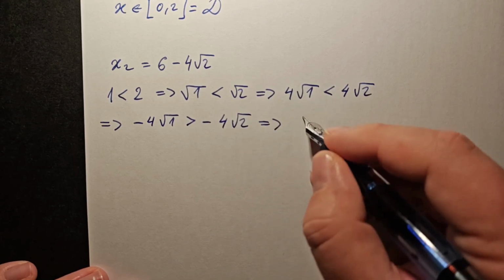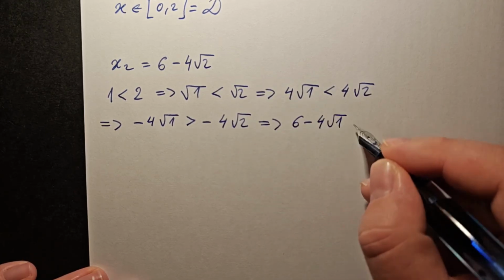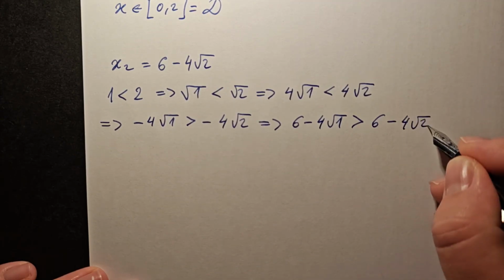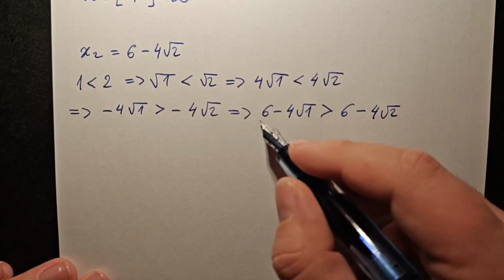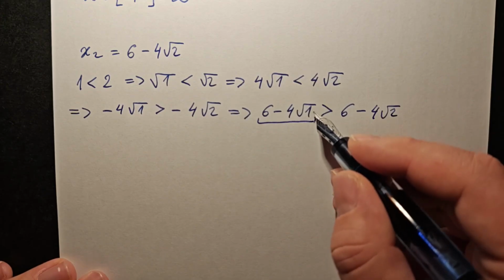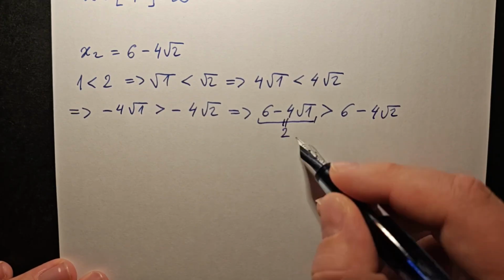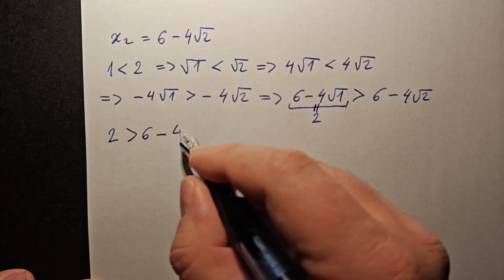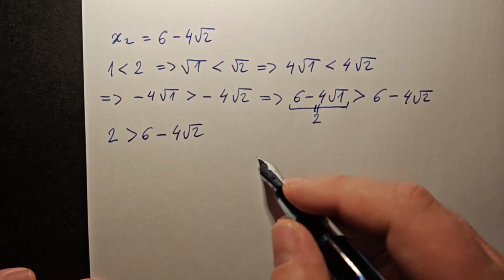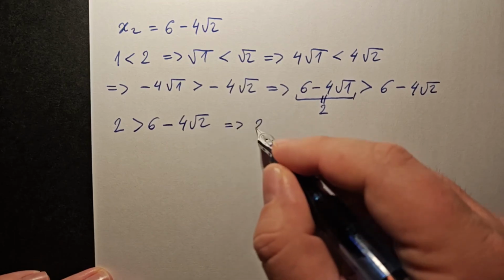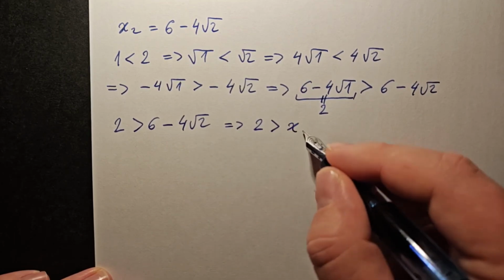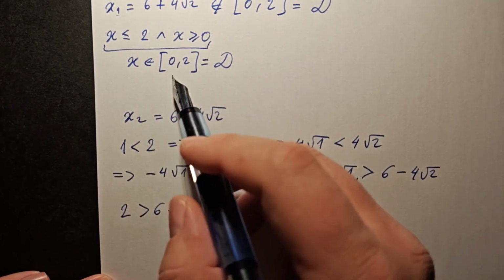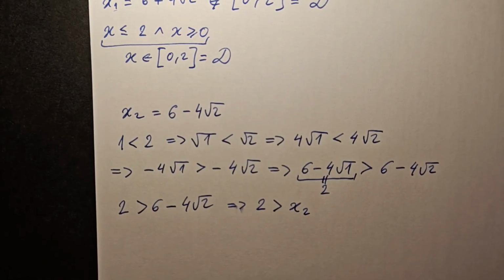And that means that 6 minus 4 square roots of 1 is larger than 6 minus 4 square roots of 2. Well, 6 minus 4 square roots of 1 is equal to 2. So 2 is larger than 6 minus 4 square roots of 2. That means that number 2 is larger than solution x2. So that could be in our area of definition.